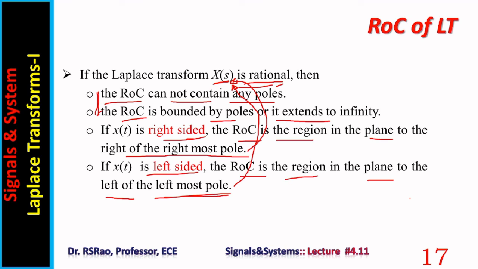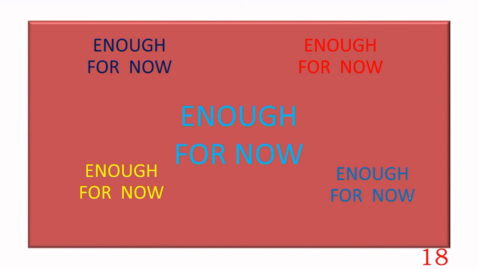So in these 2 slides, a good amount of information along with a definition for ROC pertaining to Laplace transforms is provided. With this, we come to conclude the second part of this session as well as the total session.